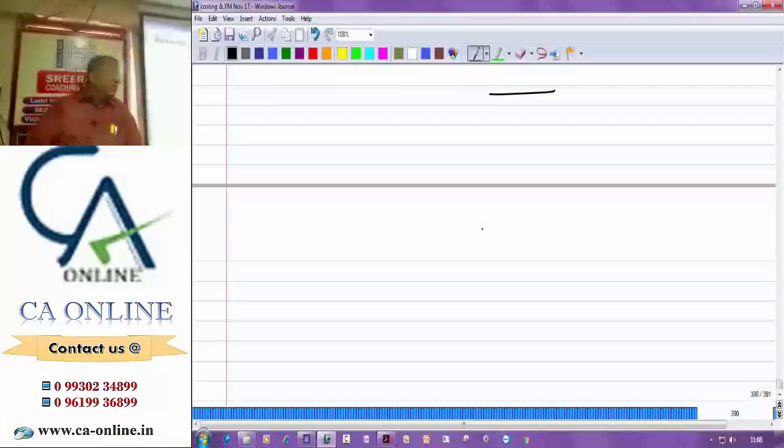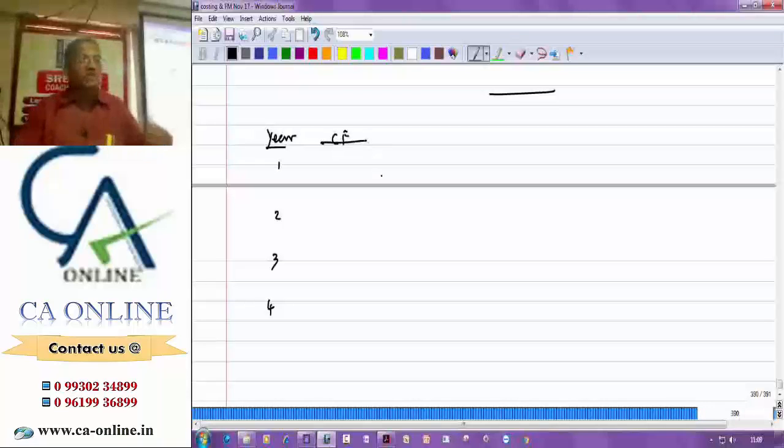So now, the decision whether it is profitable to buy that asset, you will do it this way. 1, 2, 3, 4, and 4 only we will keep. We don't want to keep 5 because of more computation. For example's sake, it is better. We will compute only for 4. Cash flows. We don't call that profit. We will take it up as cash flow.